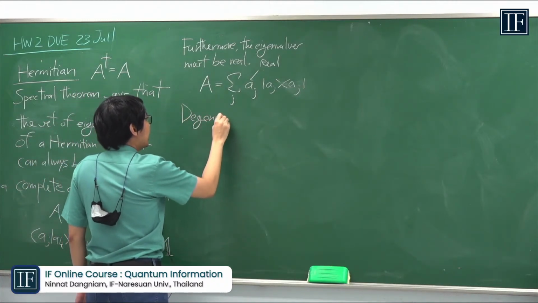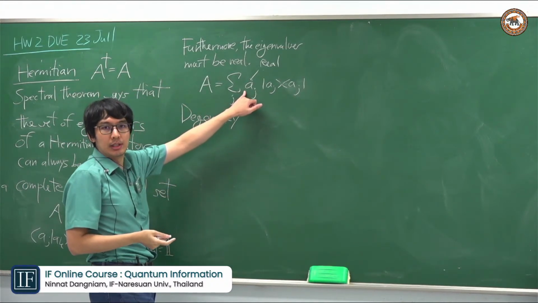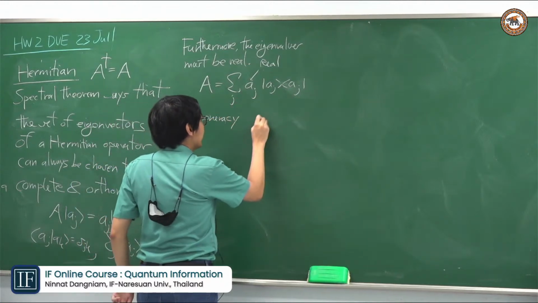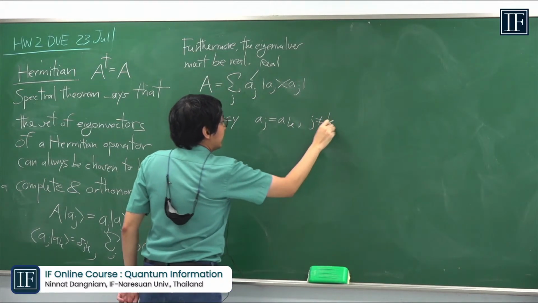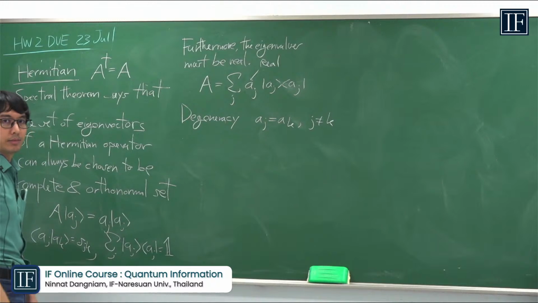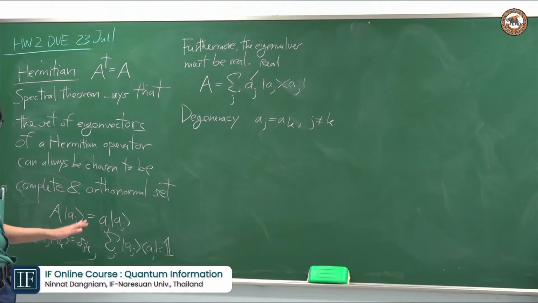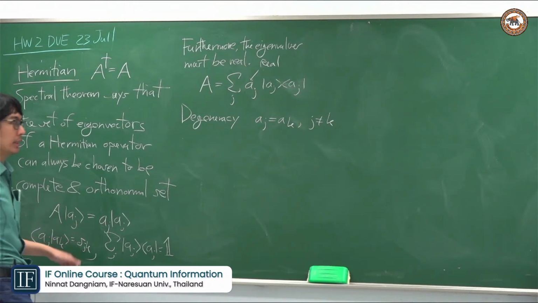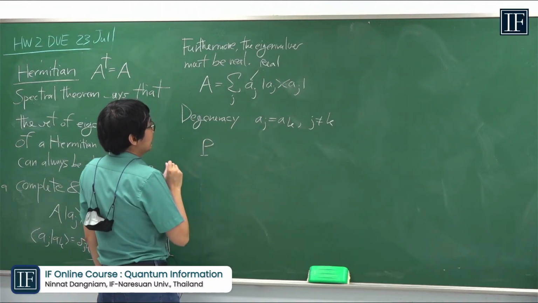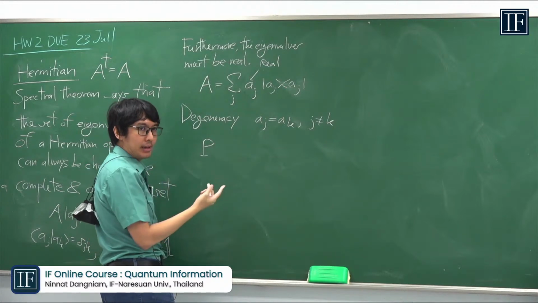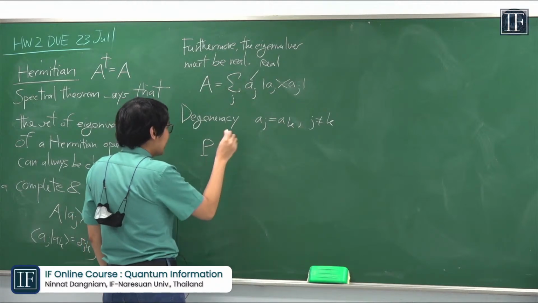Just some terminology: I would say that there is degeneracy if different eigenvalues here are the same, when j is not equal to k. They project onto different one-dimensional subspaces, but the eigenvalues are the same. So I can collect the eigenvectors with the same eigenvalues into one projector. What I mean is this.